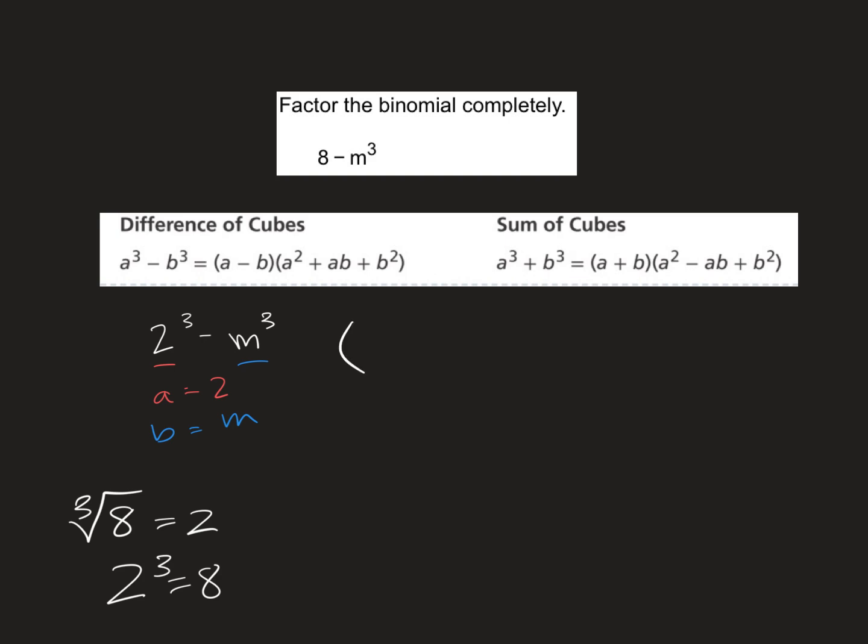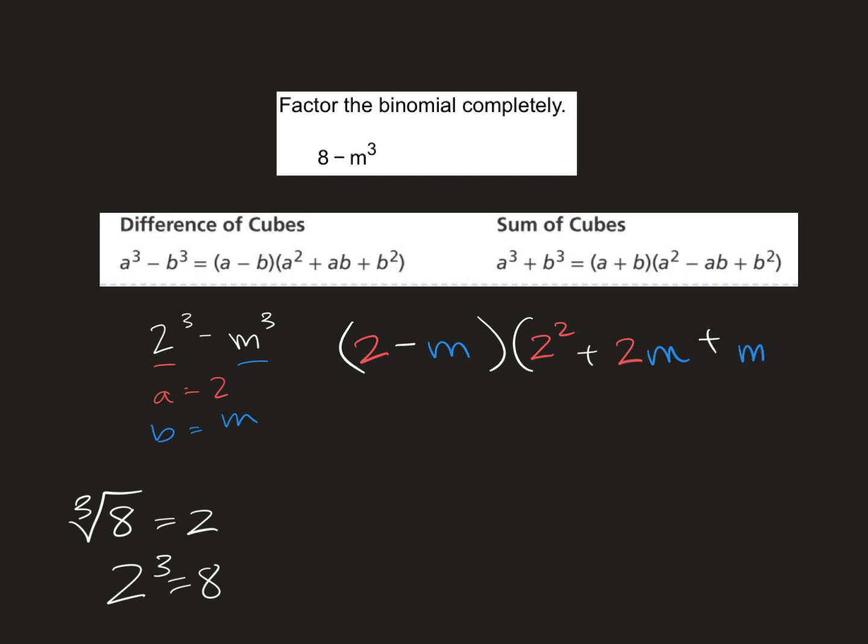So I'm going to write A, which is 2, same sign, minus B, which is m, times A squared, so 2 squared, opposite sign, so plus, then A times B, 2 times m, then always positive, and that's b.